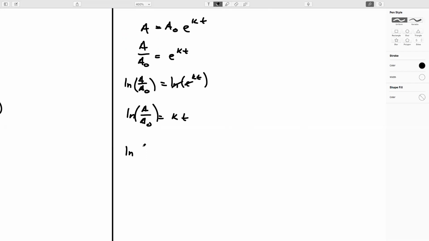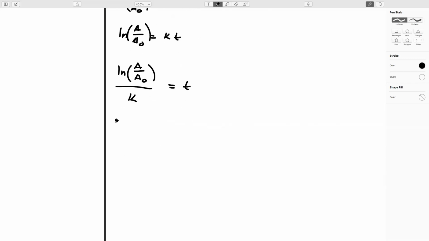So ln of A over A naught divided by k equals t. Put in our numbers. ln of A, our final population, is going to be 30. A naught, our initial population, was 36.22. k, our growth factor, is negative 0.00526.